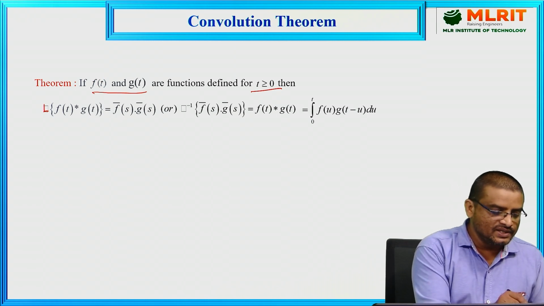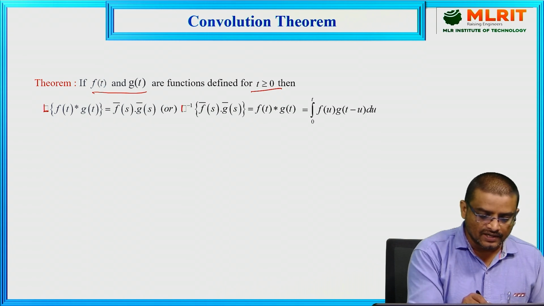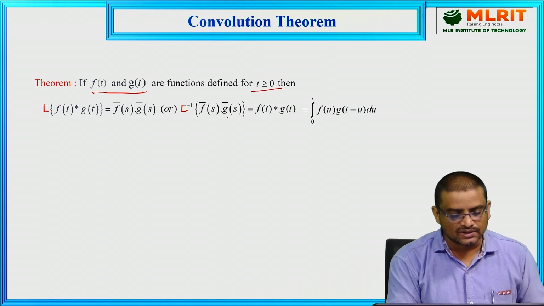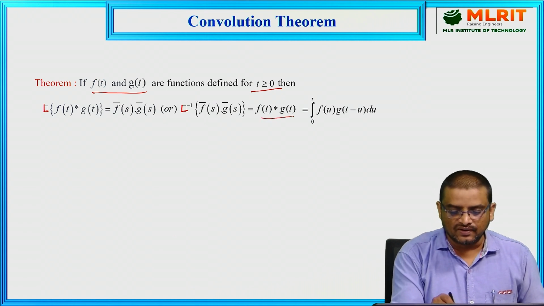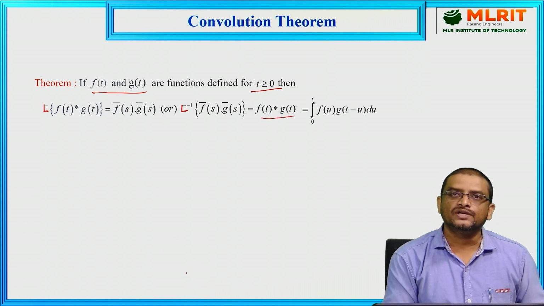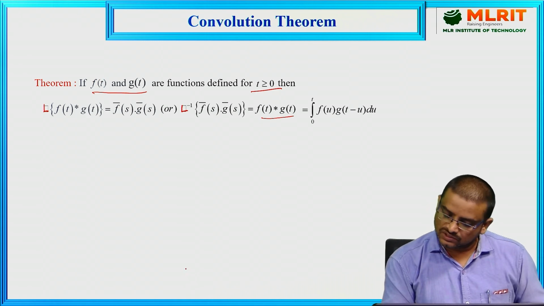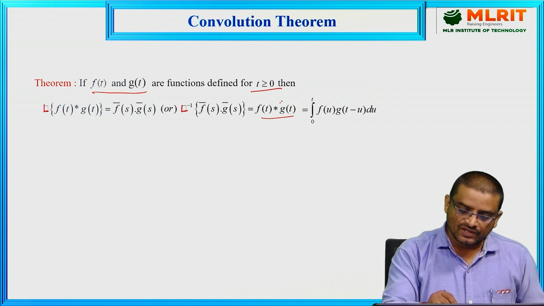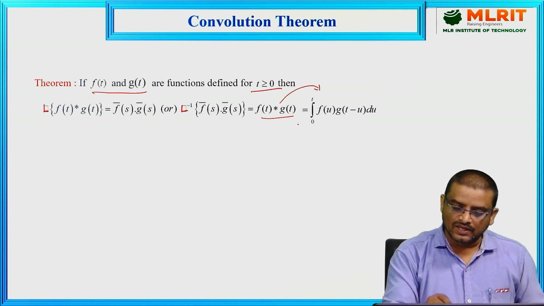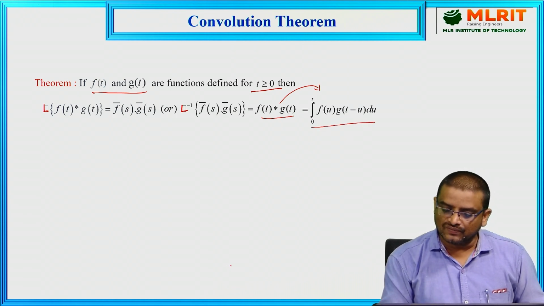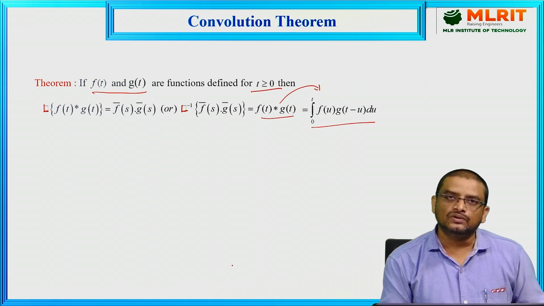If you send this L to this side, you can take L inverse of f bar of s into g bar of s is equal to f of t star g of t, that is convolution product of the two functions f of t and g of t. So by the definition of this convolution, we can take this convolution product as integral 0 to t f of u into g of t minus u into du.